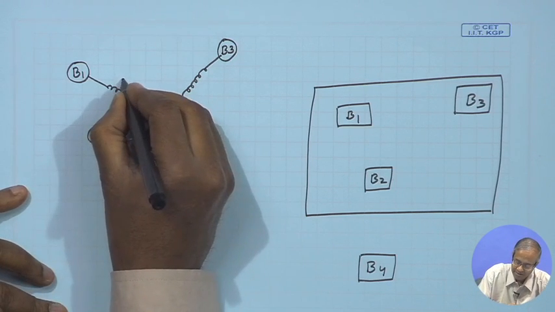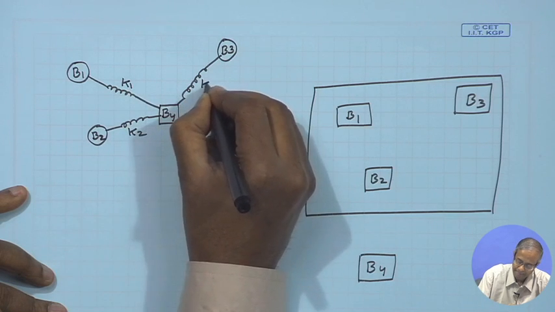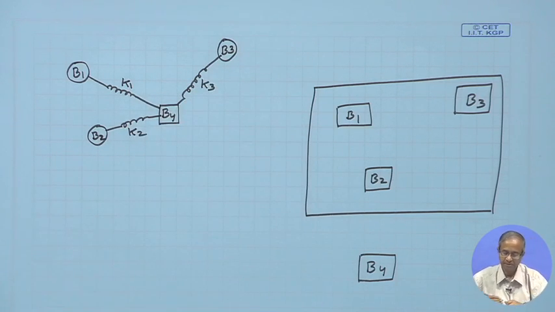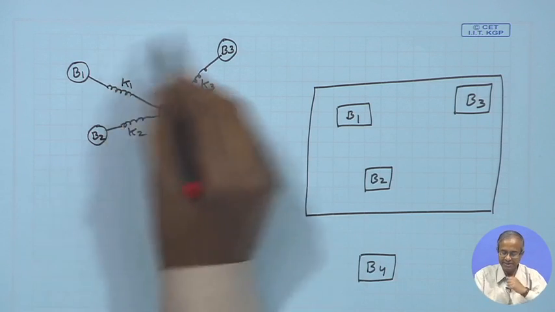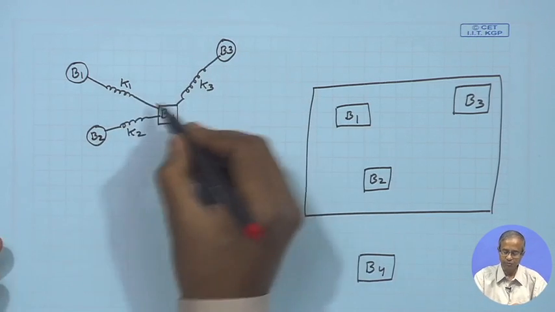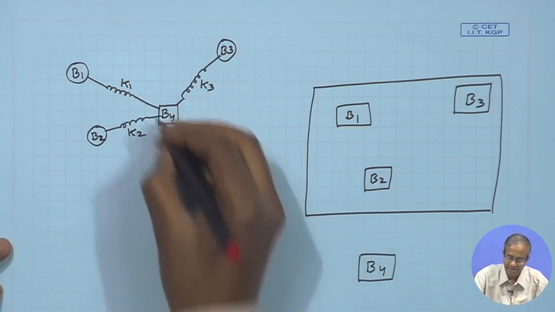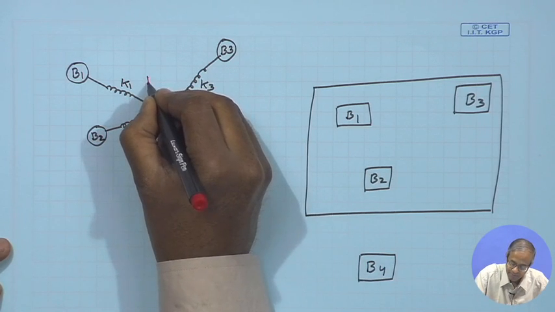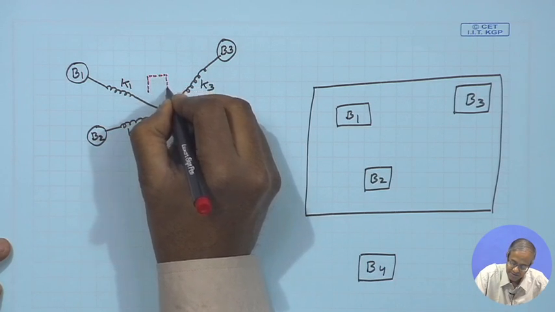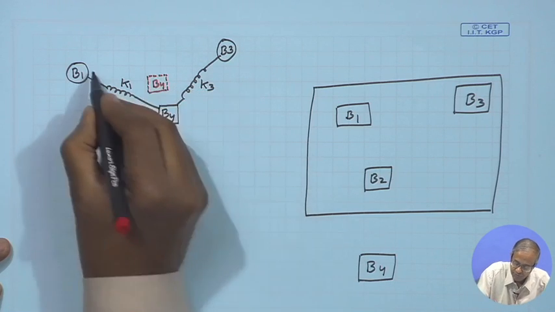So, their connectivity can be K1, K2, K3. Now, what I am saying is that in this condition I release B4. So, let B4 move around and reach a final position which will be its equilibrium position. Let us say, suppose the final position of B4 is this. So, if you release B4, the final position of B4 will be this.